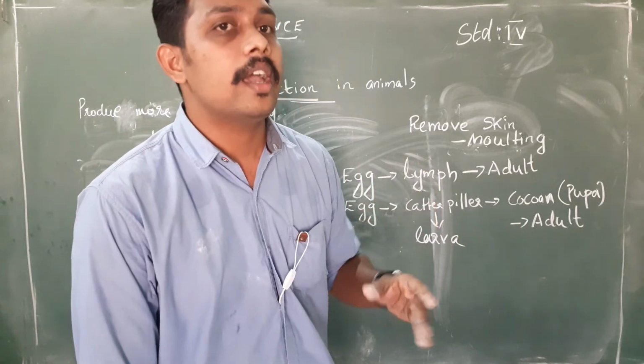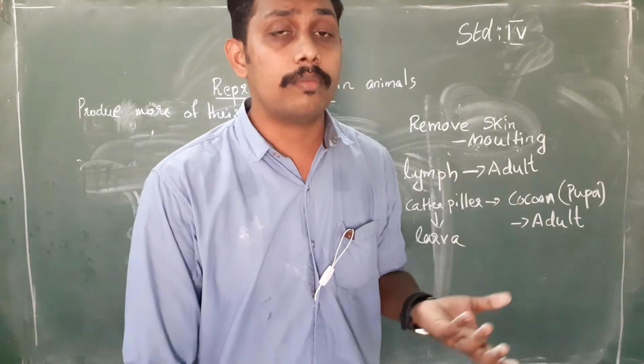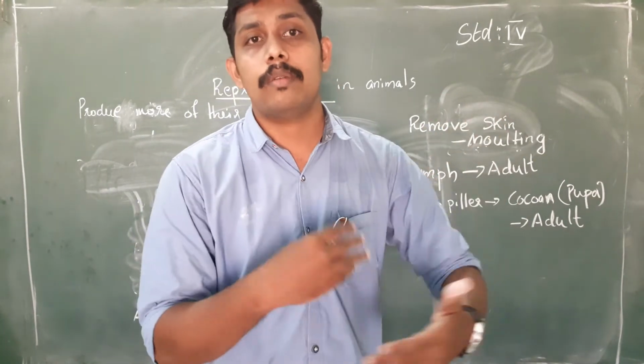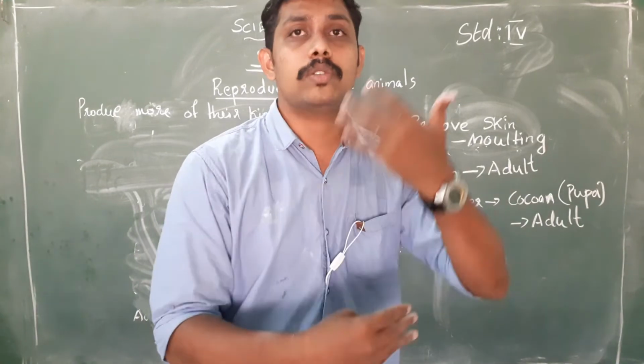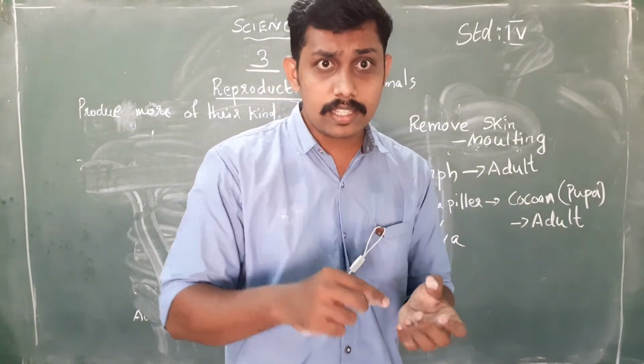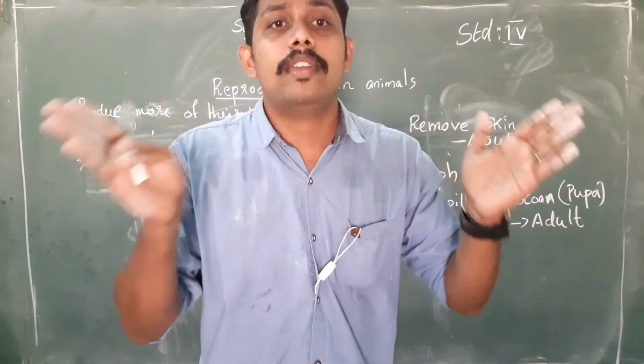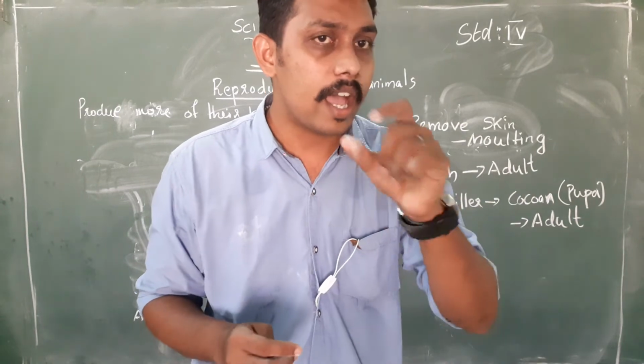Yolk. Okay, and an embryo is there. The embryo gets food from the yolk. This embryo develops into the chick, and then the chick to the adult. That process is called the life cycle. And then the chick comes out from the egg by breaking the eggshell. That process is called hatching.